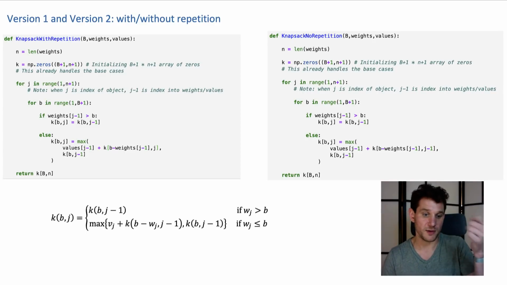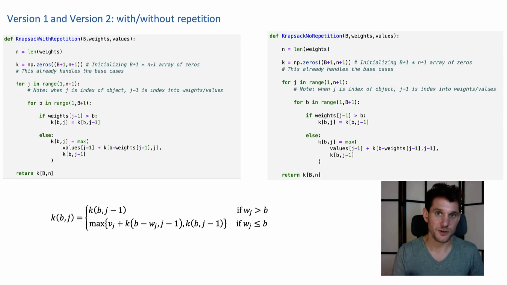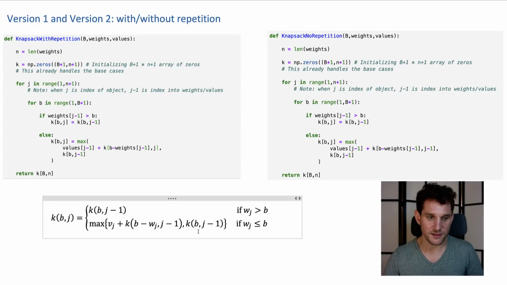First of all, if there's enough capacity to include w sub j, if w sub j is less than or equal to b, then we can consider adding it to the subset. So we consider 2 cases: either we add it to the subset or we don't. This was the case right here where we didn't add it. We said, if it's not going to optimally appear in the subset, then let's not add it. But in the case where we do want to add it to the subset, which is this case over here, what are we going to do?